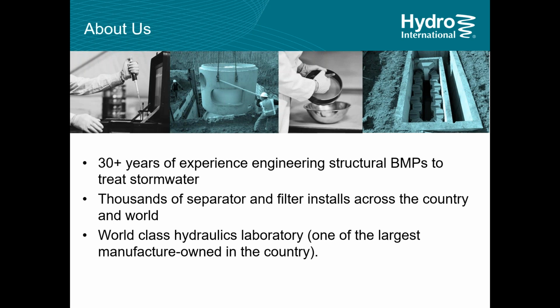So Hydro International as a company has been around for over 30 years. In fact, the origin of the company goes back into the early 1960s with the development of the original vortex flow control valve. We developed separators in the early, I believe, 80s, and have sold thousands of separators worldwide.